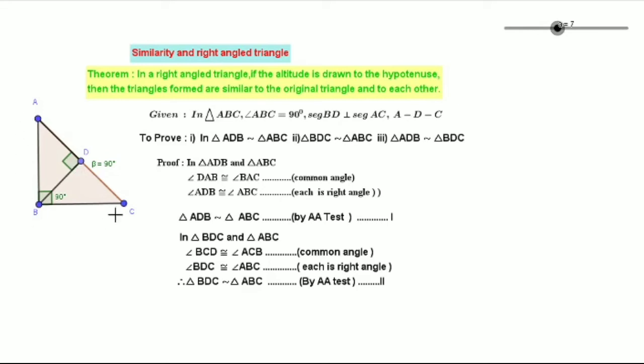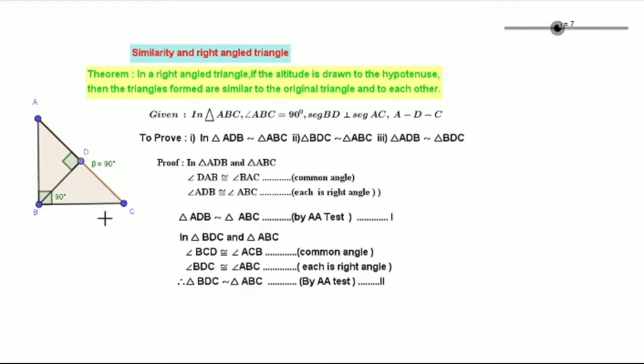Similarly, angle BDC is a right angle, and angle ABC is also a right angle. So angle BDC is congruent with angle ABC because each is a right angle. So these two triangles again have two pairs of congruent angles. So triangle BDC is similar to triangle ABC. This smaller triangle BDC is similar to the original or bigger triangle ABC. This is equation 2 and we have proved it.